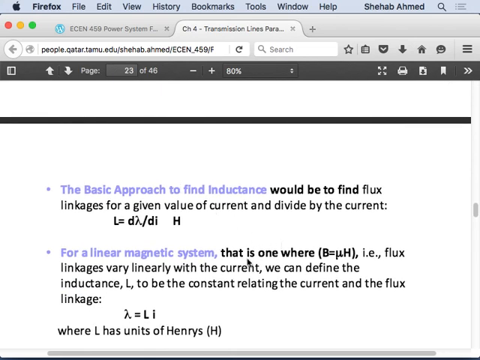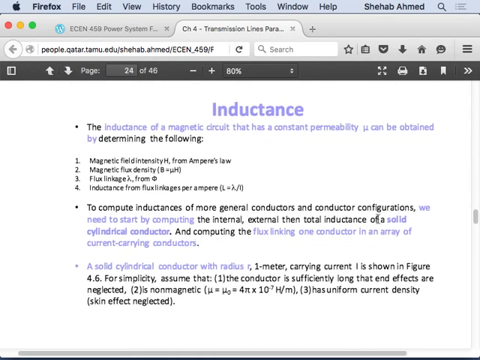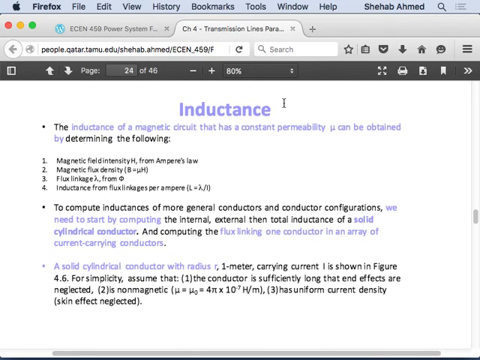We will assume that the relationship between flux linkage and current is linear. The more current, the more flux linkage you will have in the conductor. The constant of linearity, linking both flux linkage and current, will be the inductance in this case. The process will be as follows. Here's the process.